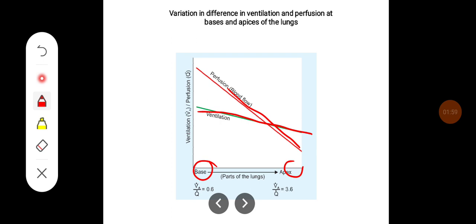If you see the V/Q ratio at the base, it is 0.6, and at the apex it is 3.6. That is, ventilation perfusion ratio is high at the apex and it is less at the base.